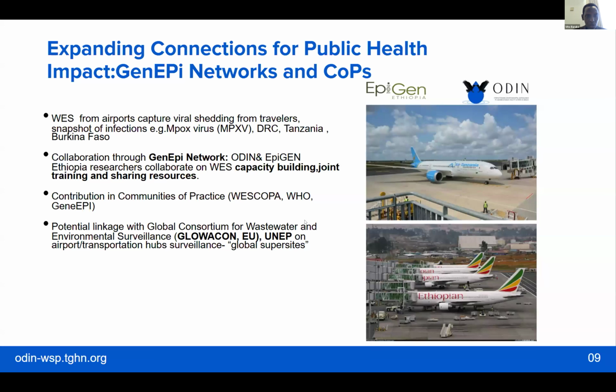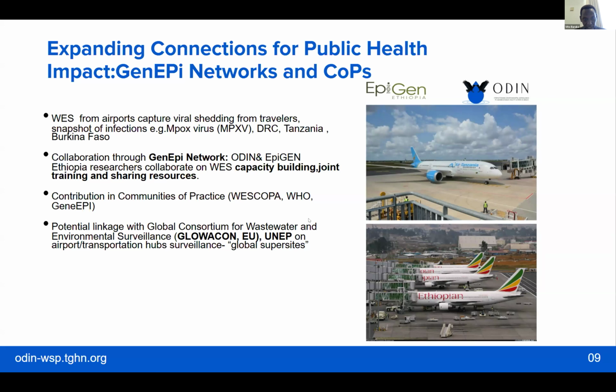And we're looking into synergies and complementarity with other initiatives to support wastewater surveillance at the airport that has been started by the GloverCon and also UNEP, the United Nations Environment Programme, to support these global super sites.